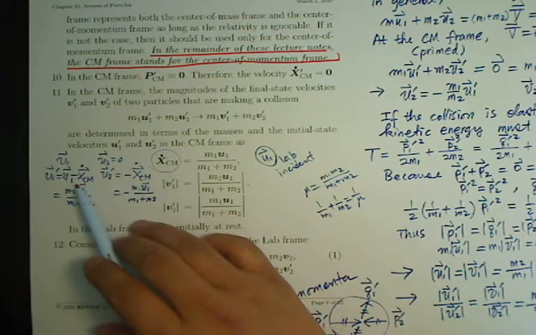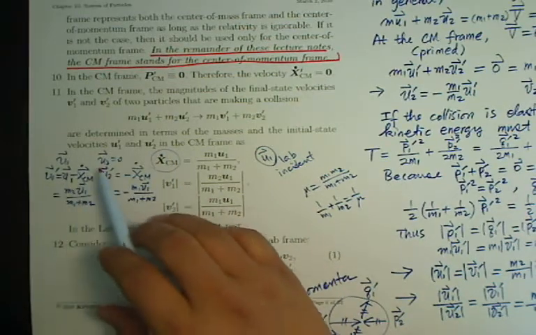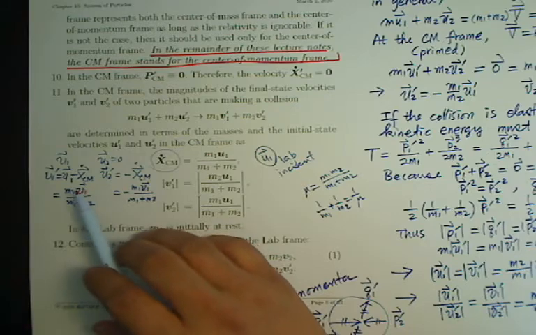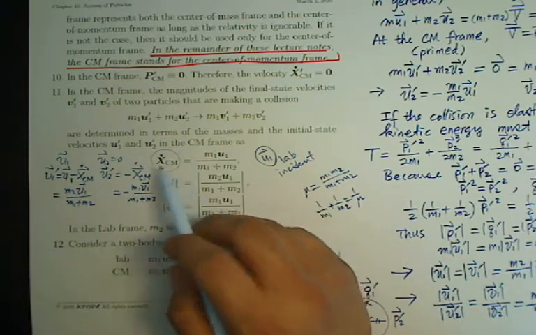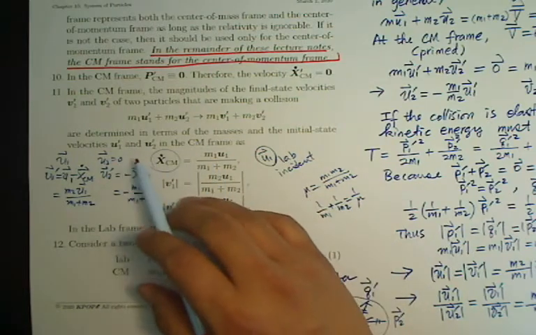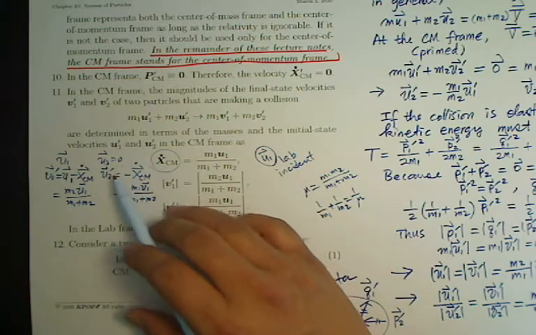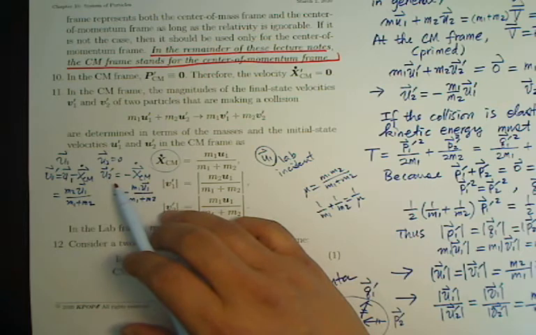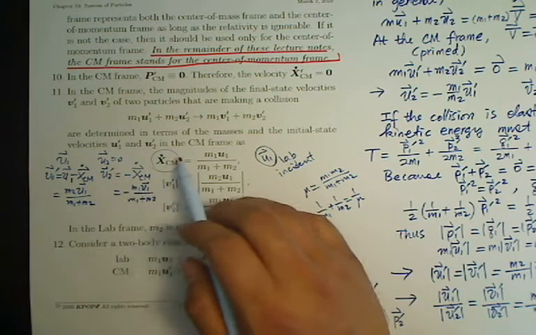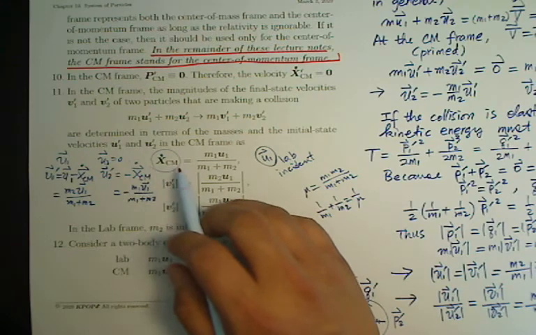U1 subtracted by the center of mass velocity will be U1 prime, because we are making a Galilean transformation by this amount. U2 at the left frame is vanishing, therefore U2 prime, in the CM frame, should be 0 minus the center of mass velocity.